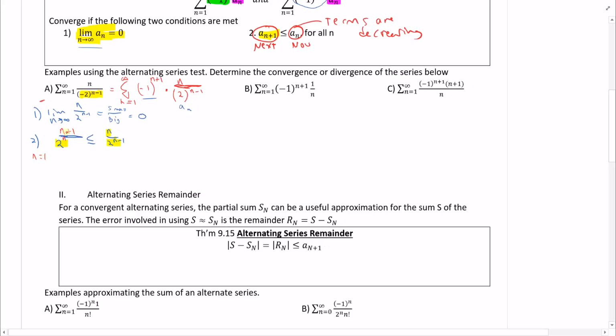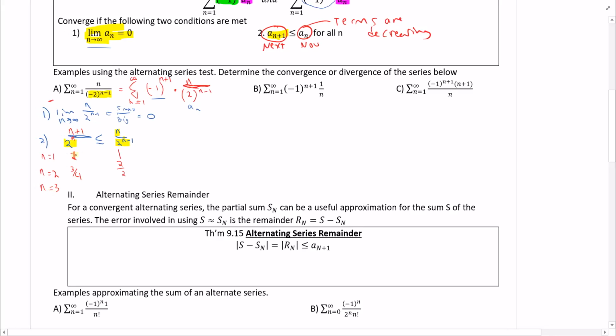If I plug in 1, we get 2 over 2, which is 1 here. On the other one, plug in 1, we get 1 over 1, which is 1 also. We both get 1. If I plug in 2, I get 3 over 4 here, and on this one plug in 2, you get 2 over 2, which is 1. Then plug in 3 here and you get 4 over 8, which is 1/2. And if I plug in 3 here, we get 3 over 4.